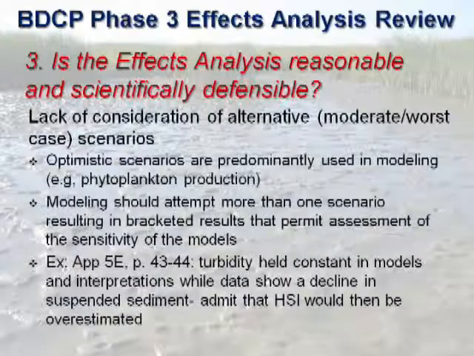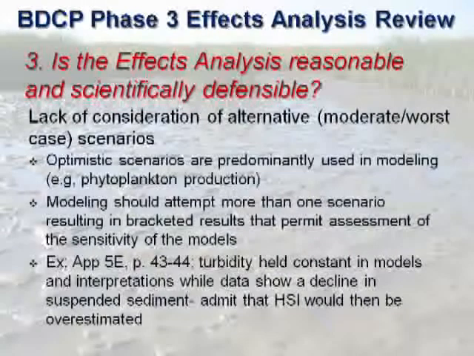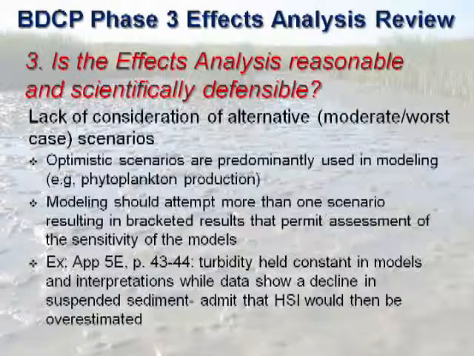This is probably a more general comment. It was felt that often in looking at scenarios, there was a lack of consideration of a variety of scenarios. So picking more optimistic scenarios in modeling.